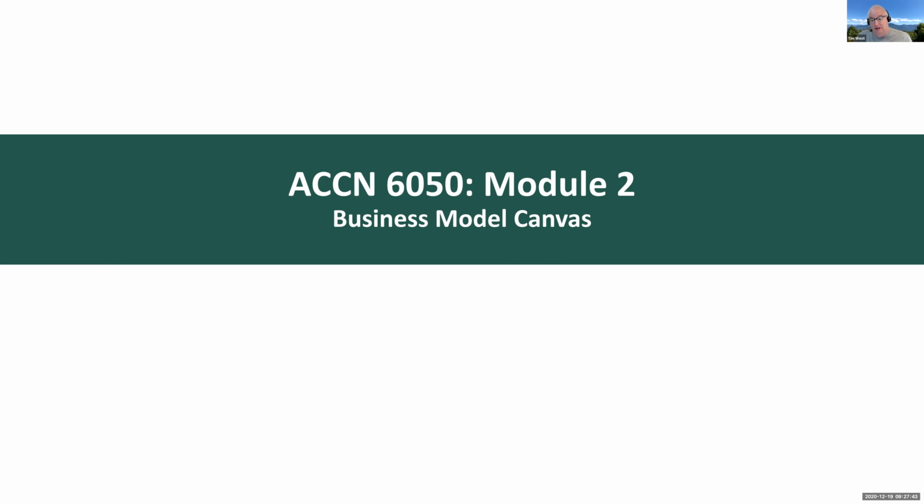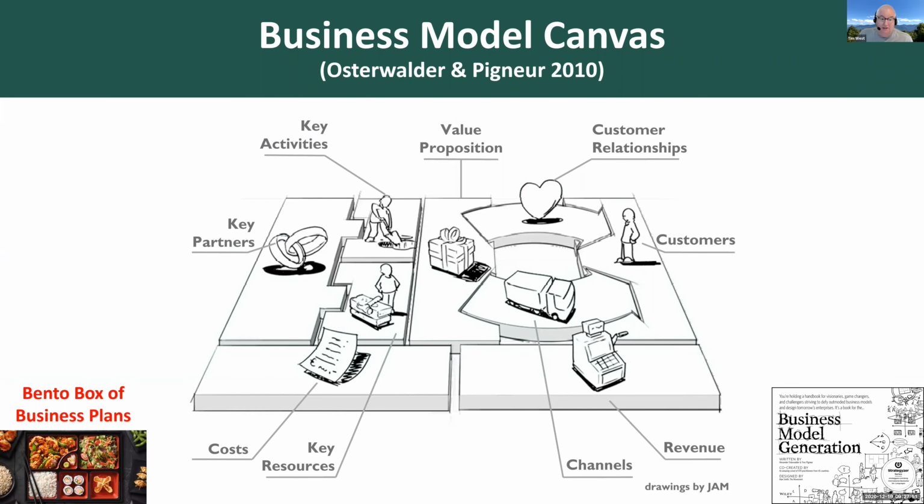So to get there, I need to get you familiar with the business model canvas. And so with that, here it is. The model itself, Alex Osterwalder and Pigneur, I have no idea, I just know Osterwalder. Anyway, they have created this book. It's been out since 2010.